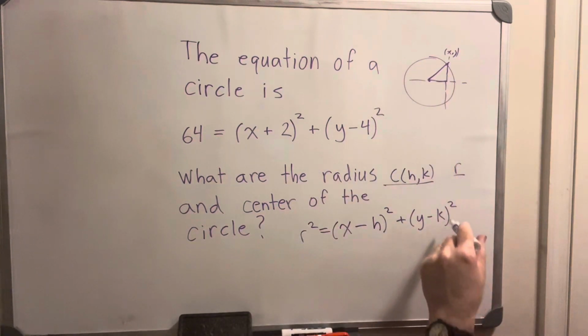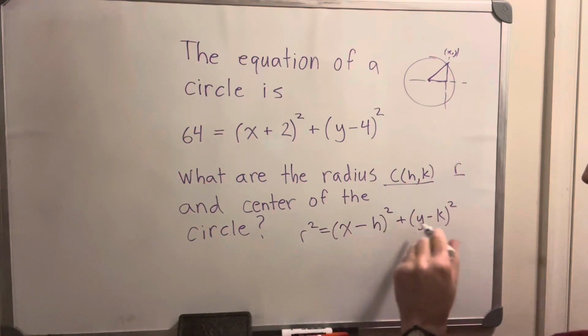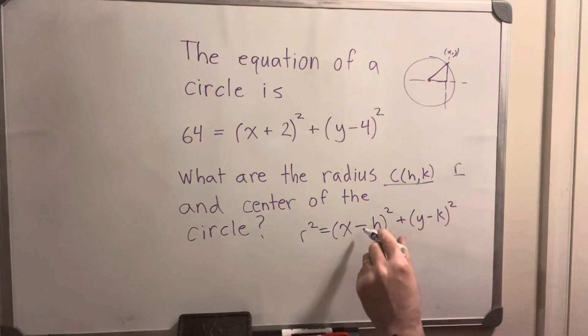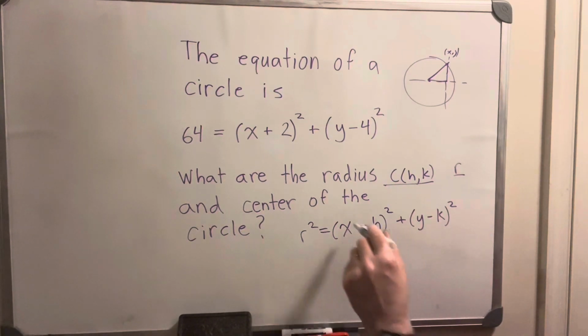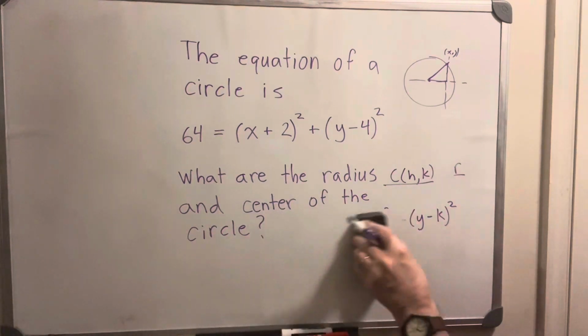But once you've done that, you can see that this is always a minus because you're wanting the distance. So what do we do here? What we're given is a plus.